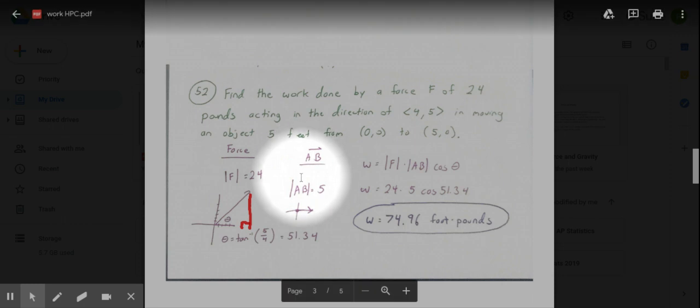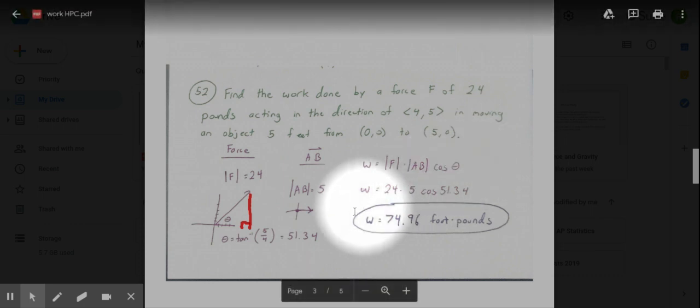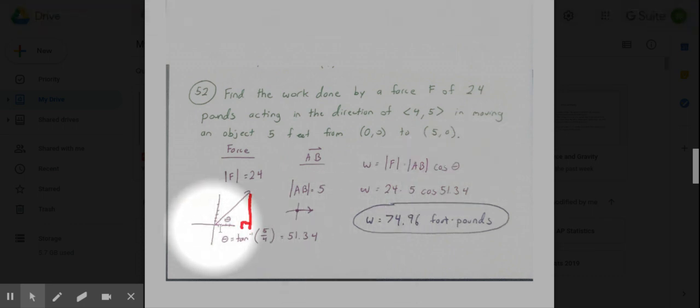The magnitude of AB is 5, so it's going to be 24 times 5. If you think of this as a standard right triangle, the angle theta made between the vector this way and the force vector is inverse tan of 5/4, and that gets you 51.34 in the calculator. Plug it in, we get 74.96.